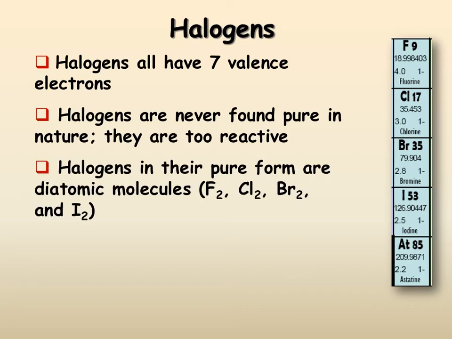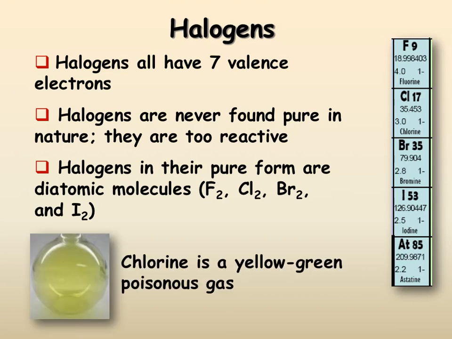Halogens in their pure form are diatomic molecules, which we've already talked about. Instead of being singular fluorine or chlorine atoms, they always form pairs that are covalently bonded to each other. An example of a halogen is chlorine, which in its natural state is a poisonous gas, but when bonded and used in another form, chlorine can be used as a disinfectant, like in pool water.